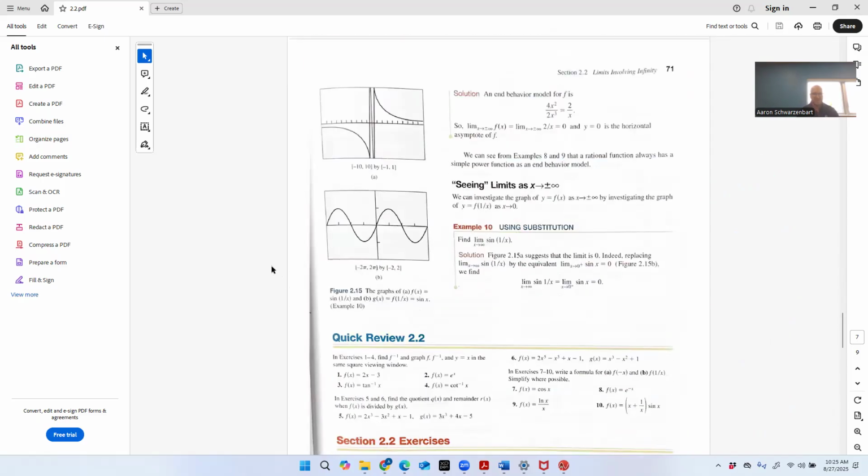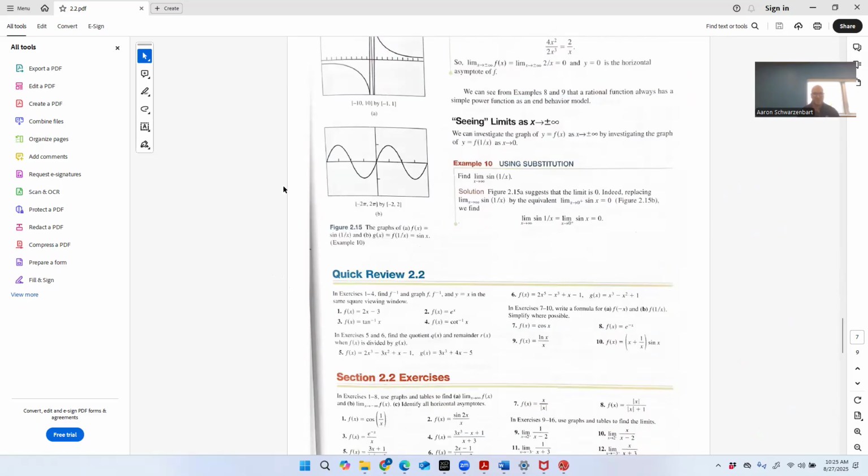And one final example, using substitution. So here we have the limit as x approaches infinity of sine of 1 over x. Now I know 1 over x, if I'm talking about this limit, that's 0.